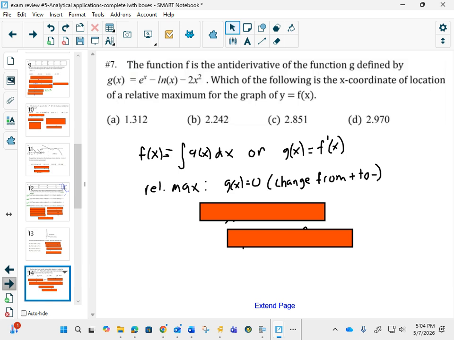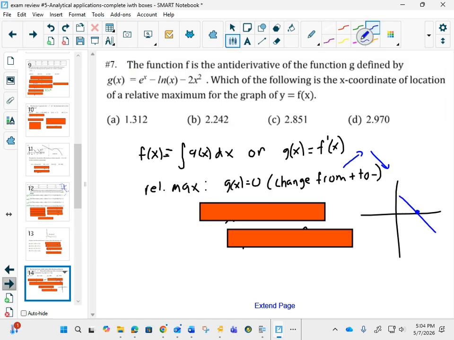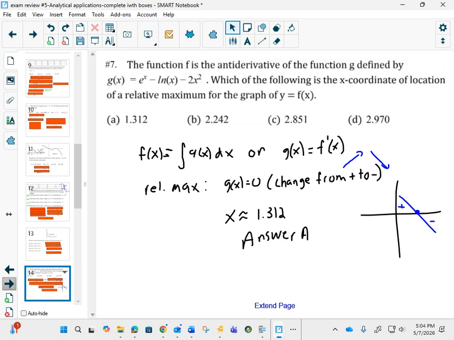And then in order to be a maximum, does it make sense that g of x has to go from positive to negative? On my graph, if I have the 0, I need my g of x graph to do something like this. Because then it's changing here from positive to negative. Again, it's multiple choice. You can just look at your graph and see that. And you'll get the answer is A.